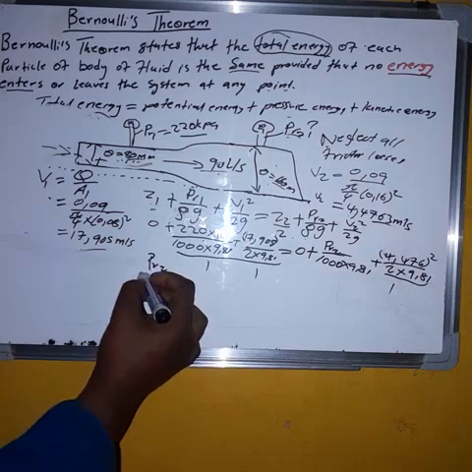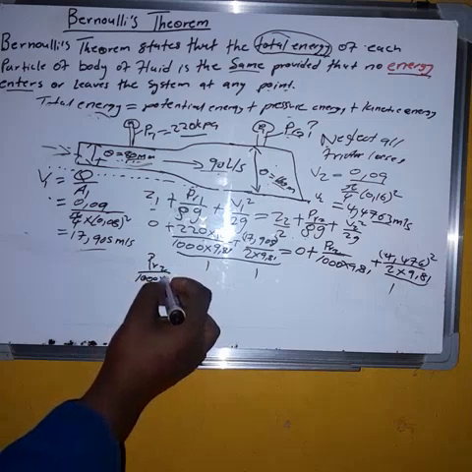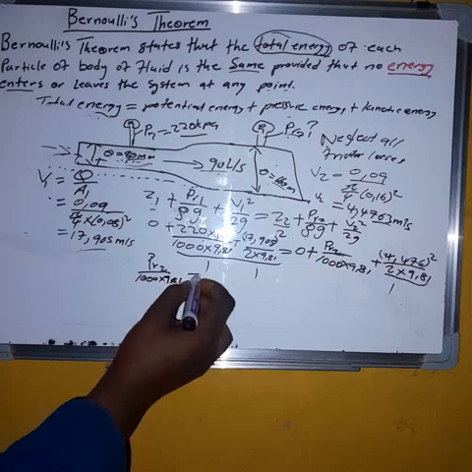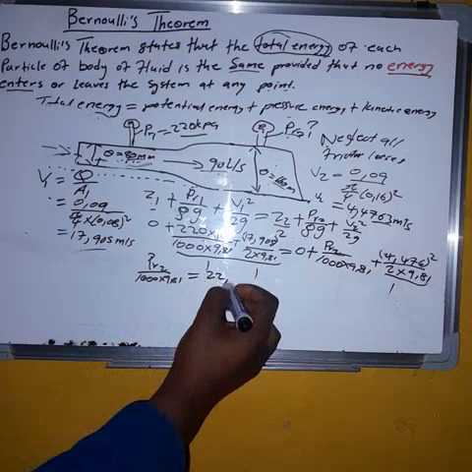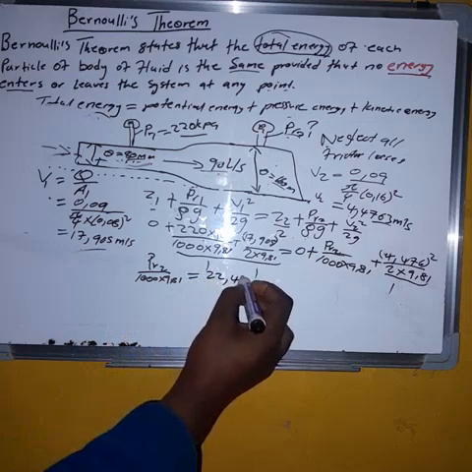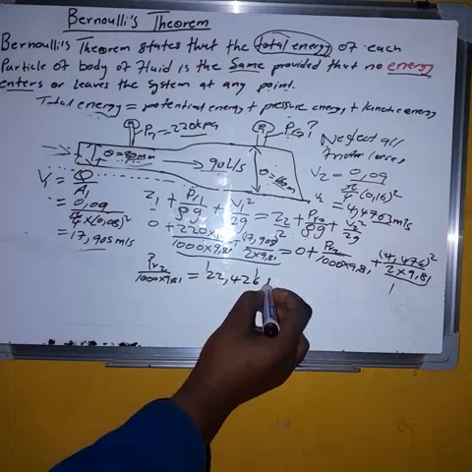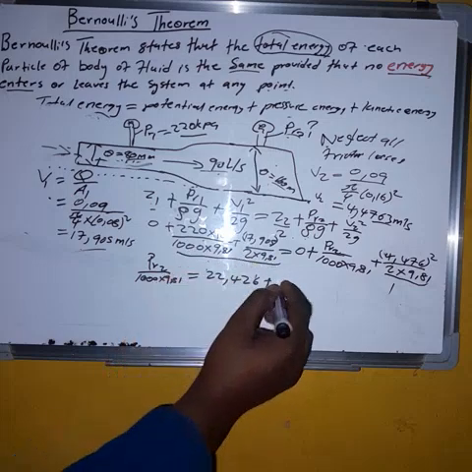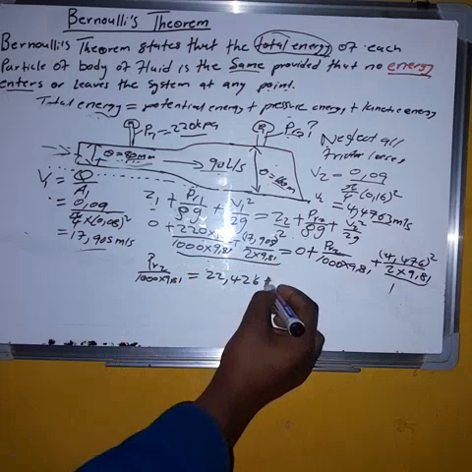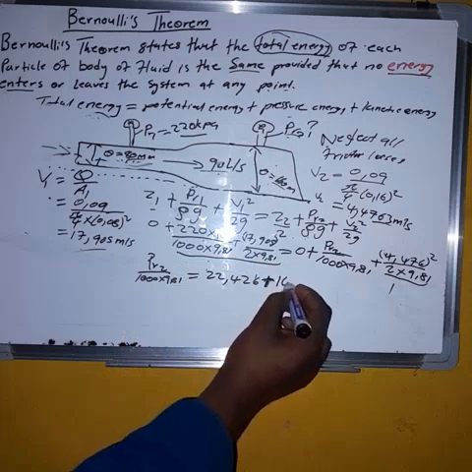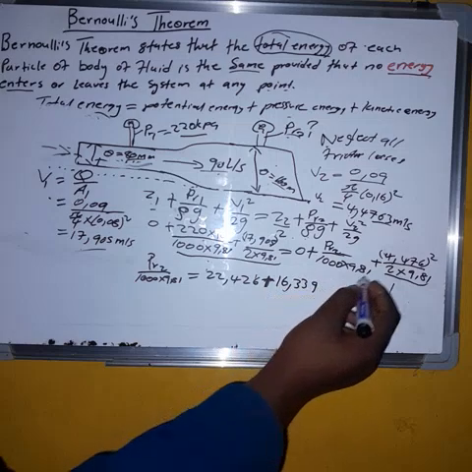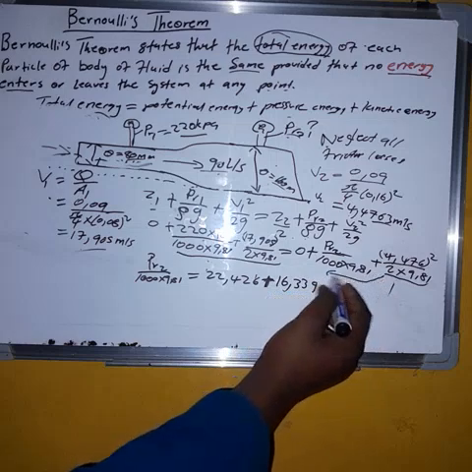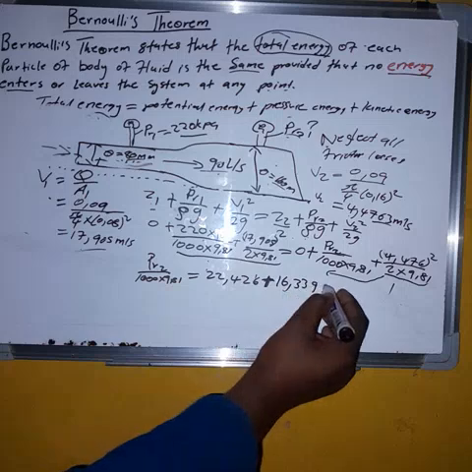You will get that PR2 over 1000 multiplied by 9.81 must be equal to 20.426 plus 16.339, then you subtract 1.02.